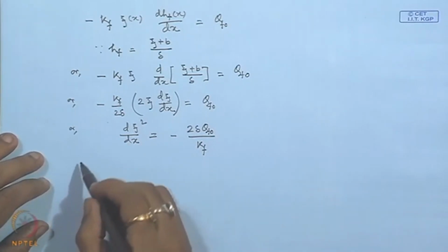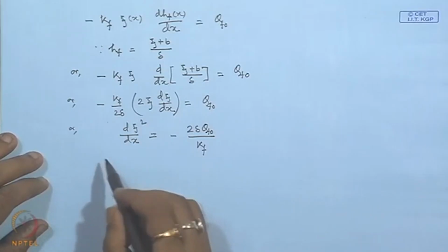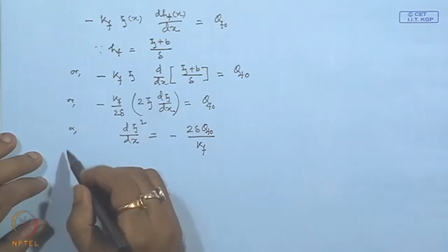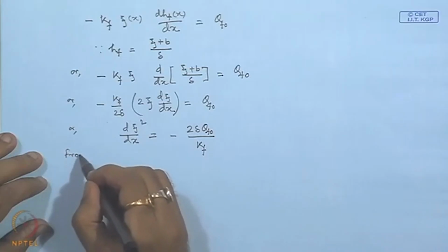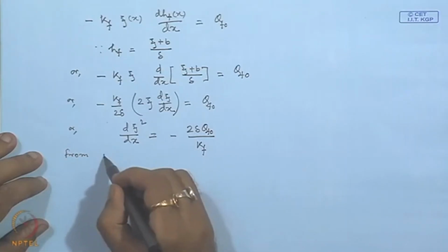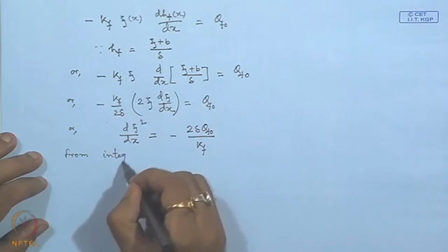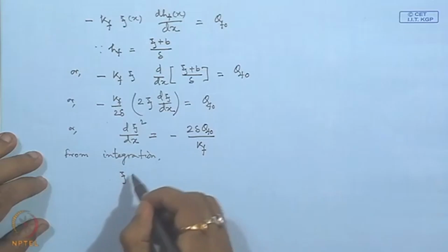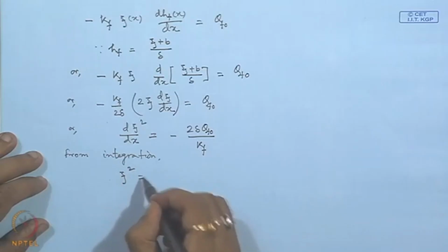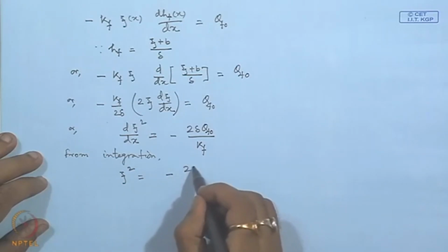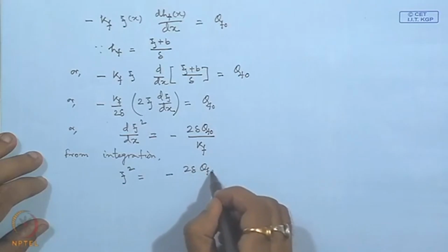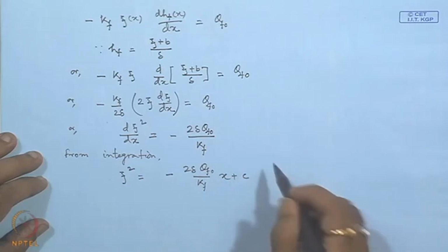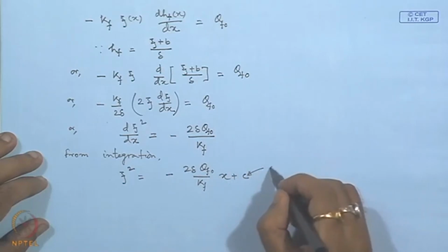With this we can use integration. So, from integration we have xi square equals to 2 delta q f naught by k f into x plus c, where c is the integration constant.